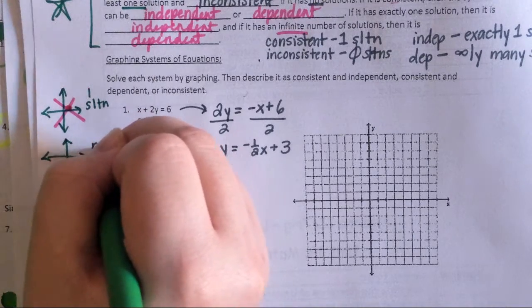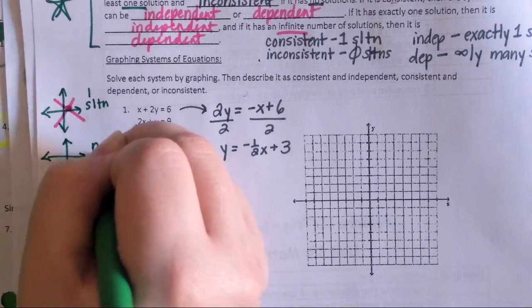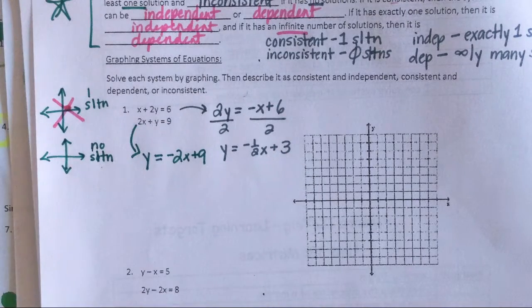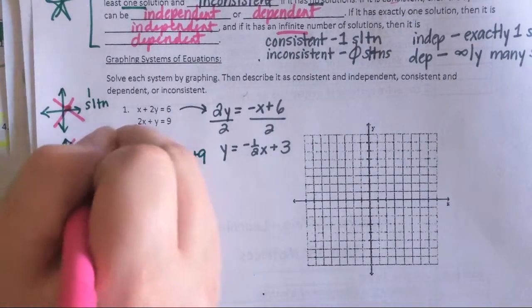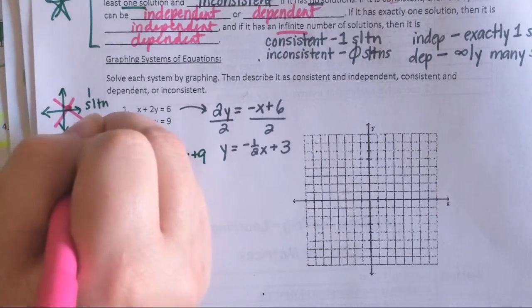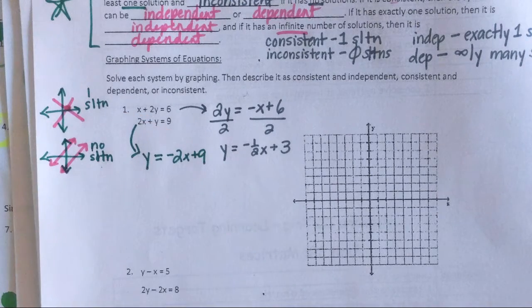What would no solution look like? They don't cross, so what kind of lines would they be then? They're parallel. No solution.